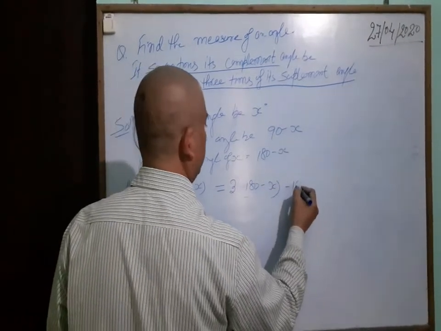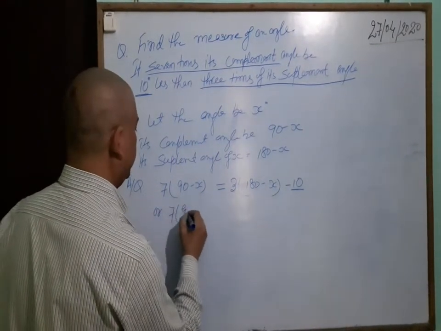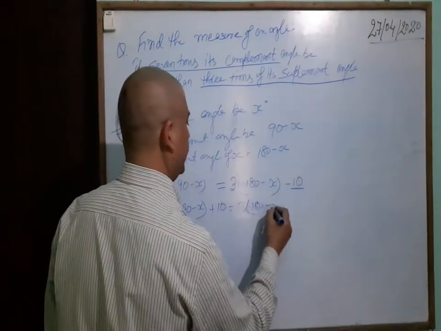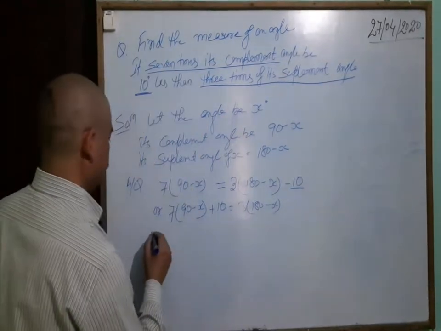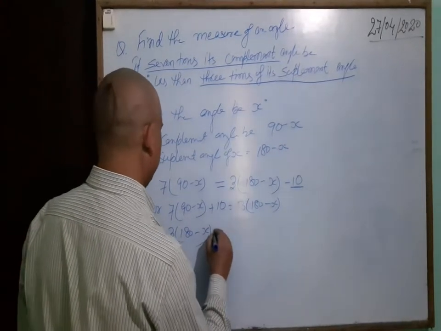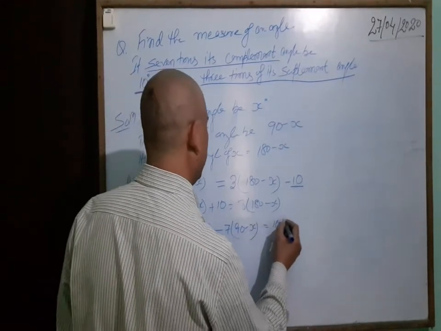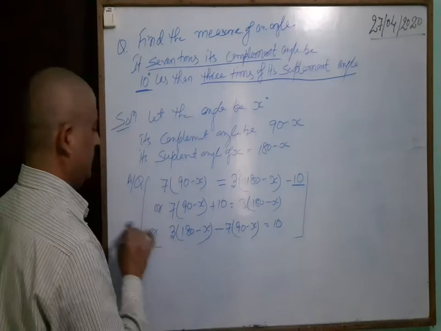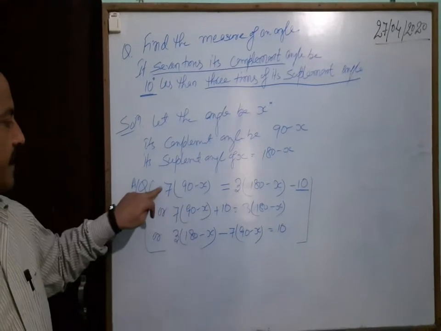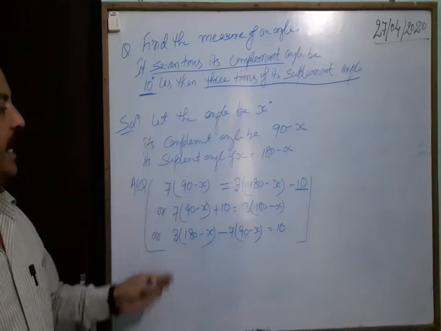Or anyone can say that 7 times 90 minus x plus 10 equals 3 times 180 minus x. Or 3 times 180 minus x minus 7 times the complement angle is equal to 10. We can use any of the three equations to solve for the solution.